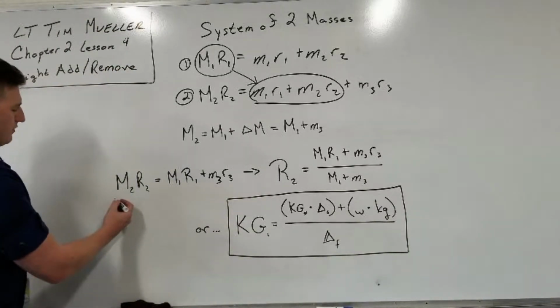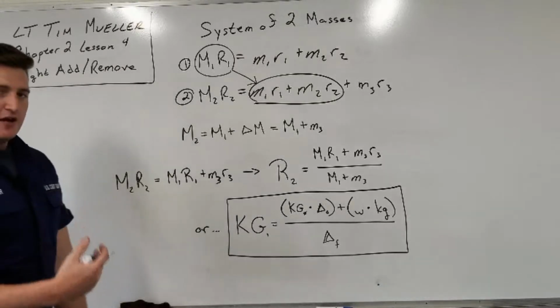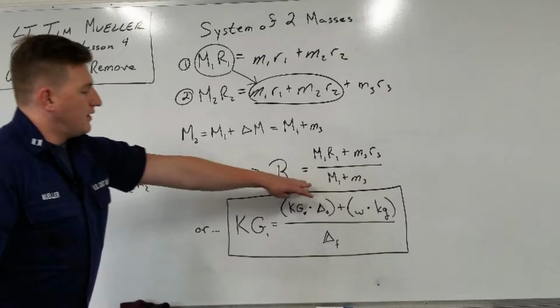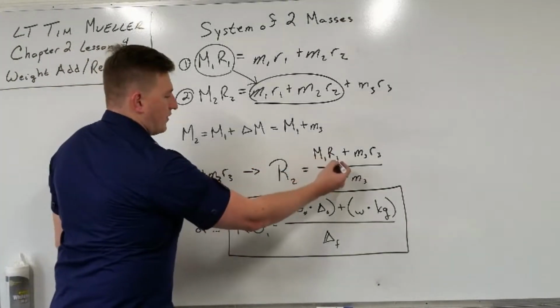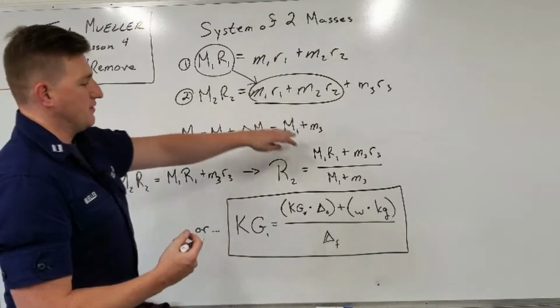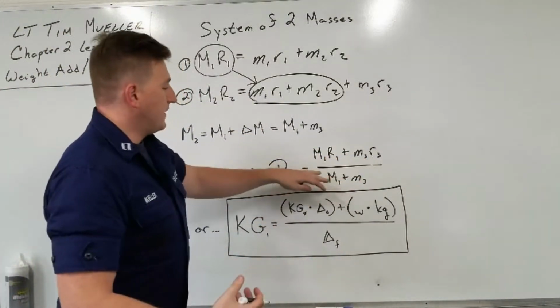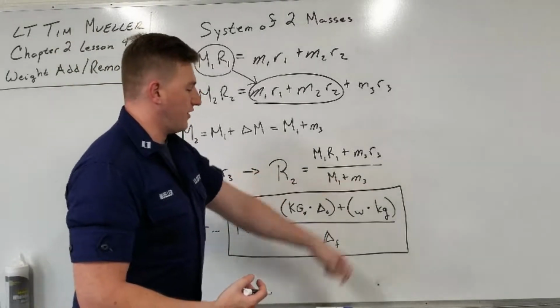By isolating R2, we just divide both sides by this big M2, which is going to be the mass of our final system, and bring it over here. So we have R2 equals M1R1, that's going to be the original system, plus M3R3, the thing that we added, divided by M2, which is also M1 plus M3.